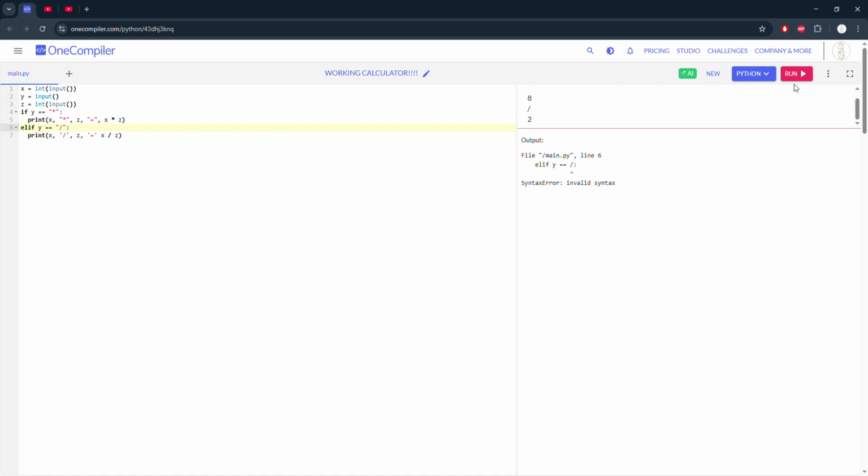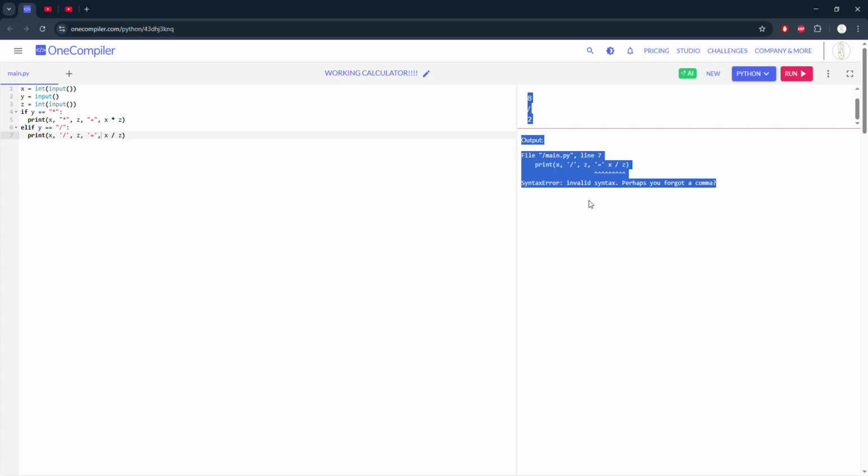So when we run our command, it's okay to forget commas as long as you put them back. If you have an error over here, you can actually read the error and it'll give you a hint about what you did wrong. So when you run, once again, there's your answer, 4. So 8 divided by 2 is equal to 4.